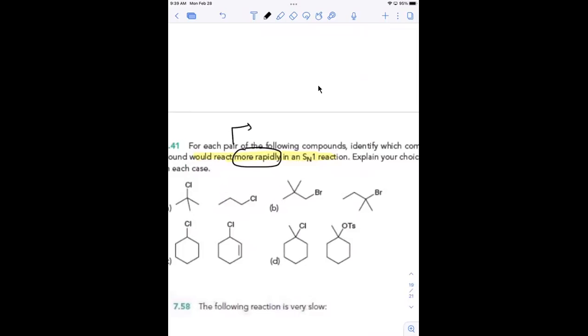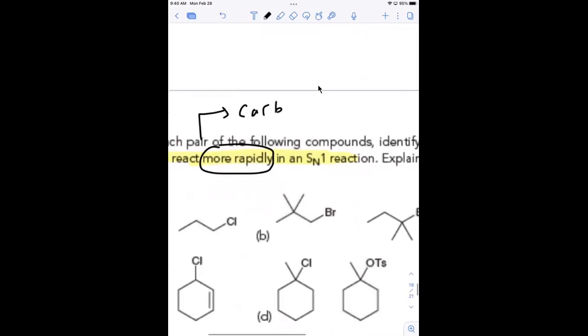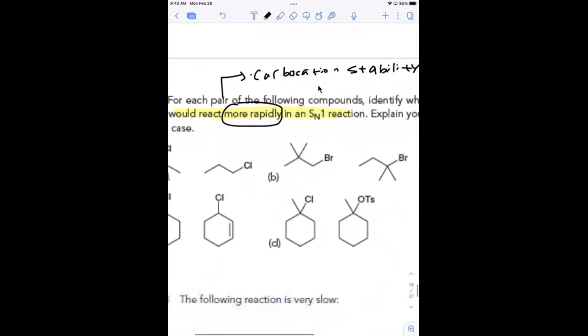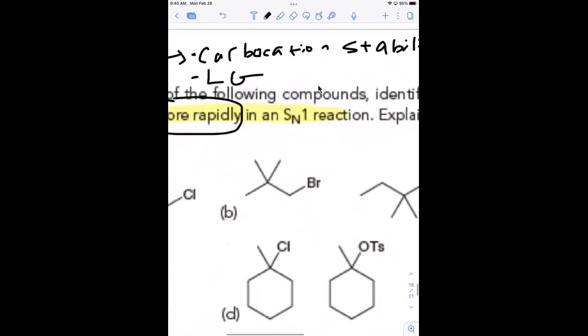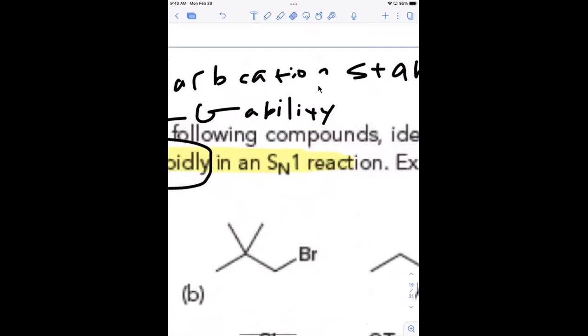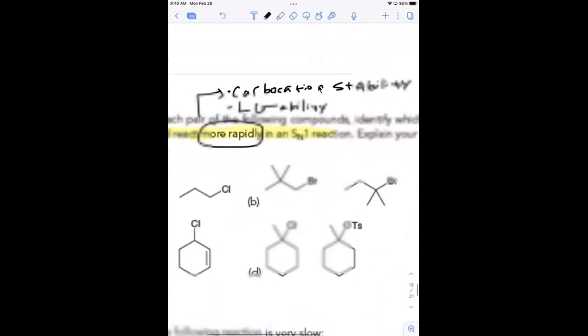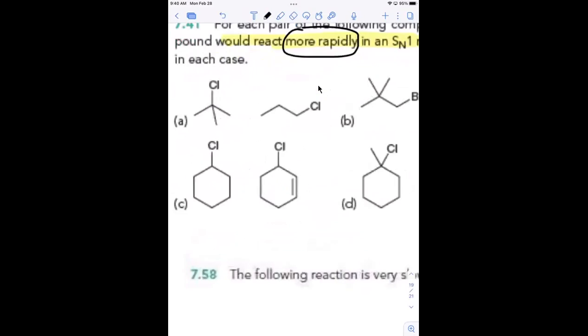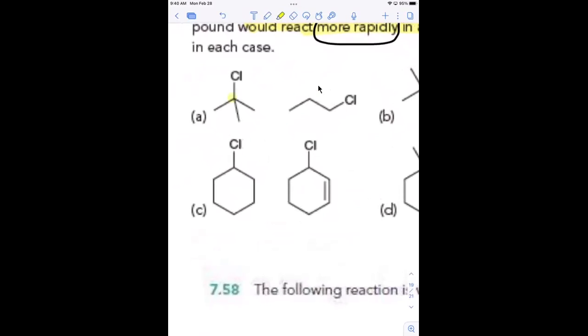So what we're looking for in this case is carbocation stability, and we're looking for leaving group ability. Both of those are what we're going to be comparing in this example, right? The more stable the carbocation intermediate, the faster the reaction will be, and the better the leaving group, the faster it'll be. So let's look at A real quick and compare those two substrates and look at where our leaving group is. Which one do you think is going to be faster?